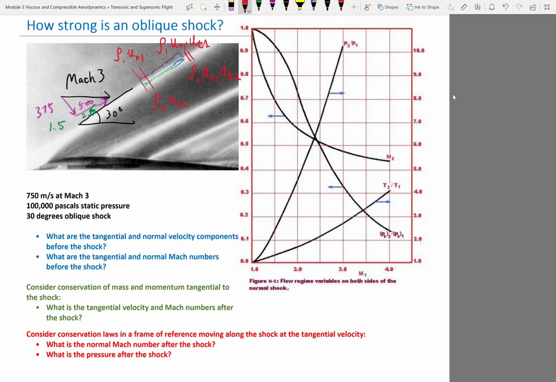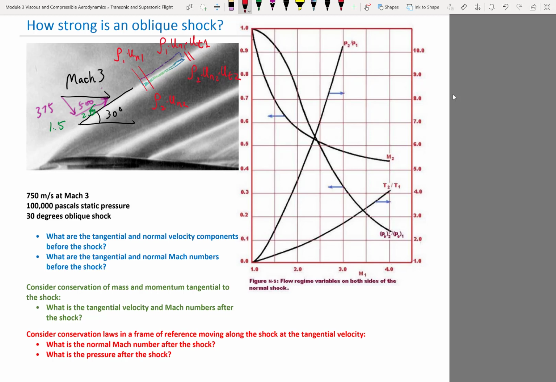Can anybody see a very remarkable conclusion from these two equations? So, rho1 un1 is equal to rho2 un2. Rho1 un1 times ut1 is equal to rho2 un2 times ut2. What conclusion can we draw from these two equations?